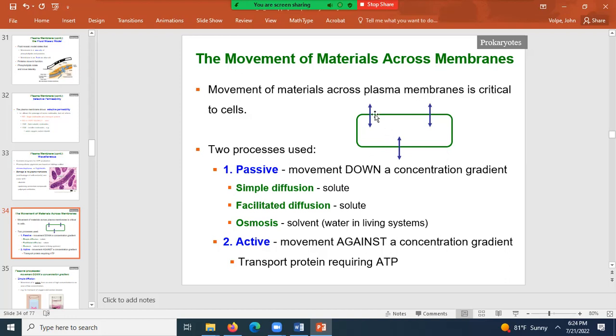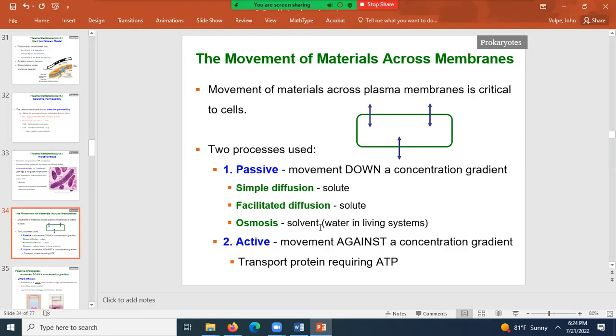a concentration gradient of water, and then the water moving across the membrane into the cell. Now, actually, you can get reverse osmosis where the water concentration is higher in the cell than outside the cell, in which case water will move by reverse osmosis outside of the cell.